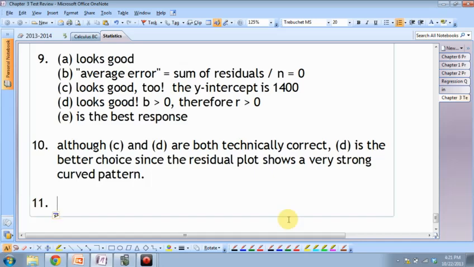If that curve was less pronounced, then you could probably have an argument for C. But when something is so clearly curved, you probably don't want to use the linear model.